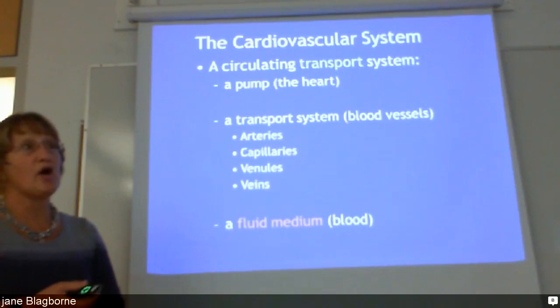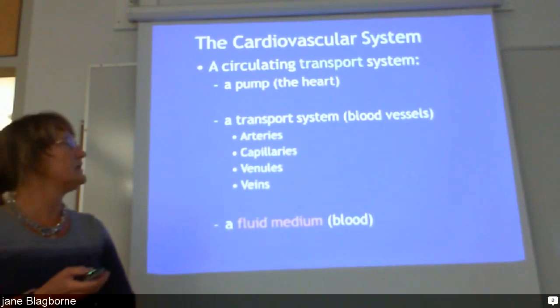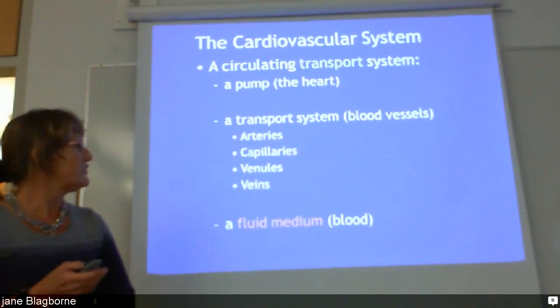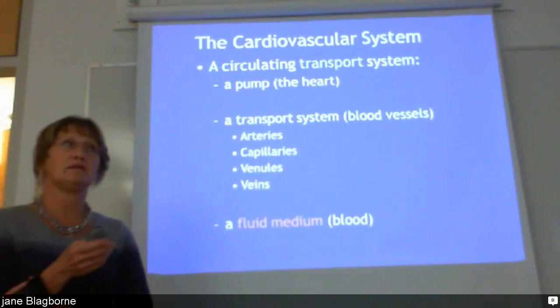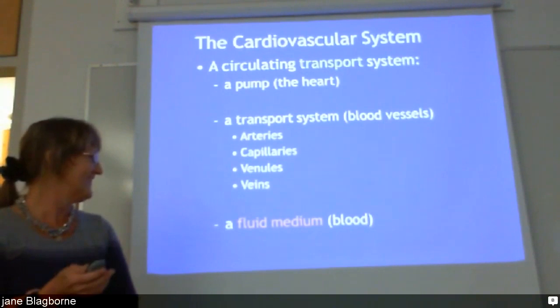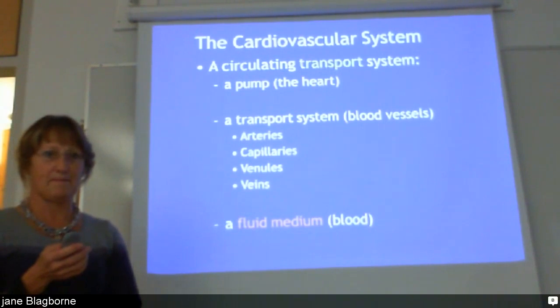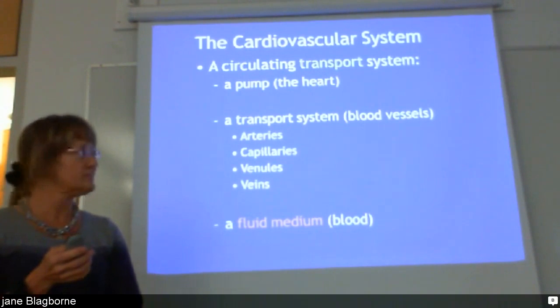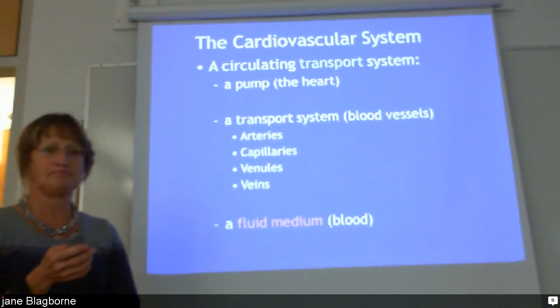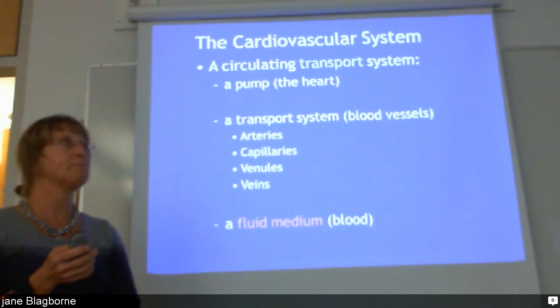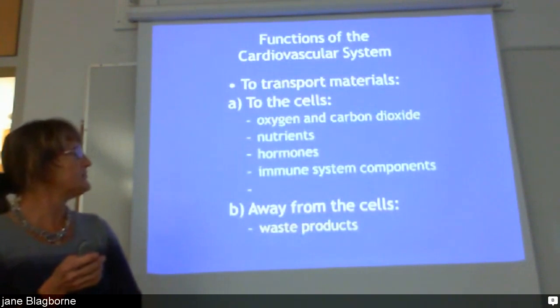When we talk about the heart and the circulatory system, we'll be reviewing this again. So if you don't want to write it all down, that's fine. But just the fluid medium is the blood. Okay. On to the next slide.